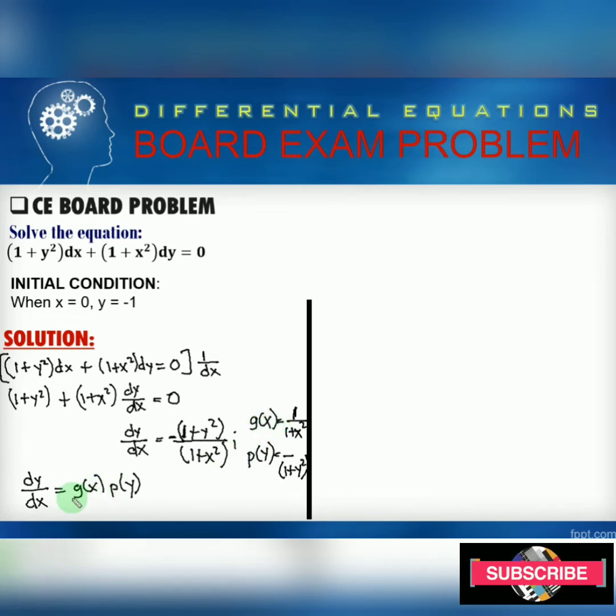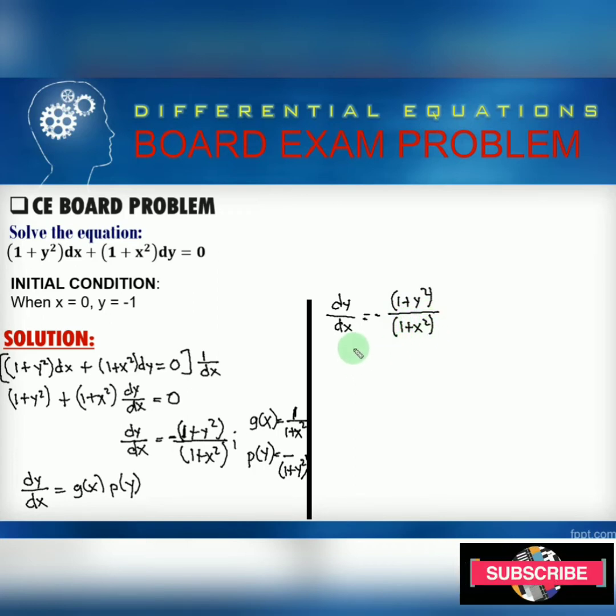And then proceeding with this one, so we have now this form, from dy over dx equal now to this negative of your 1 plus y squared quantity, and then we have here 1 plus x squared.